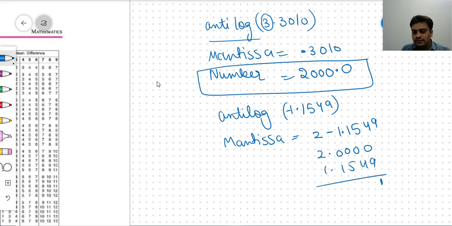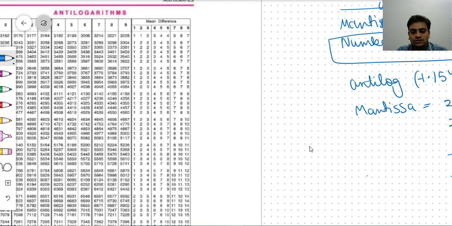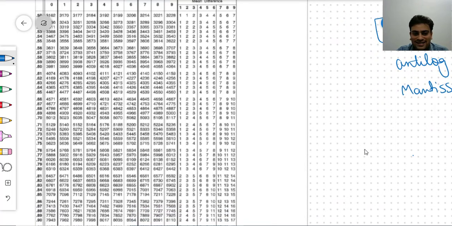If we subtract this value from 2, what you will get is 1, then 5, then 6, and then 8. So 0.8651 is basically your mantissa value. Now you need to look at the antilog table for this value. 0.86 will be on the second page of the antilogarithm table.